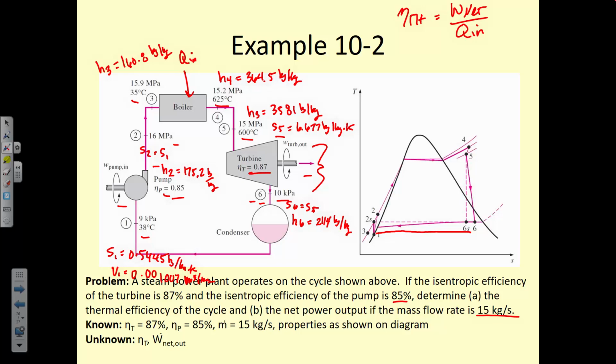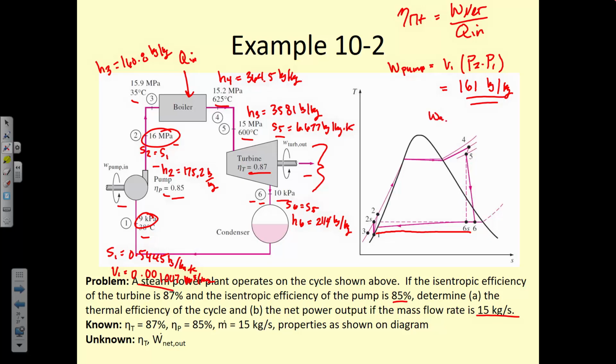So we can figure out our pump work. The work of the pump is equal to V1 times P2 minus P1. P2 is 16 megapascals, P1 is 9 kilopascals. We looked up V1 in the table, so we find that this is 16.1 kilojoules per kilogram. Now this is the isentropic work of the pump.